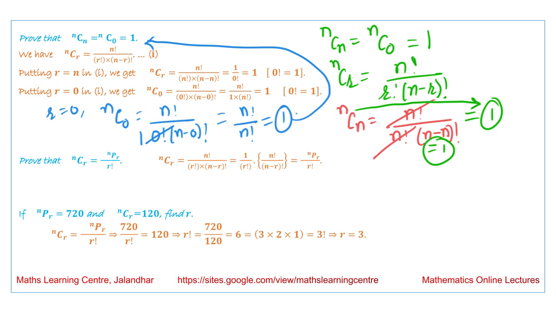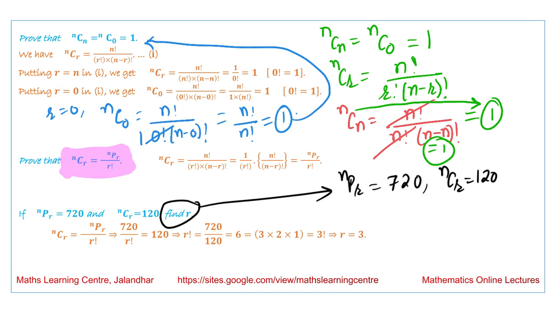This next result we have already seen, that nCr is equal to nPr over r factorial. So this result we have already proved. Next is, if nPr is equal to 720 and nCr is equal to 120, we have to find the value of r.